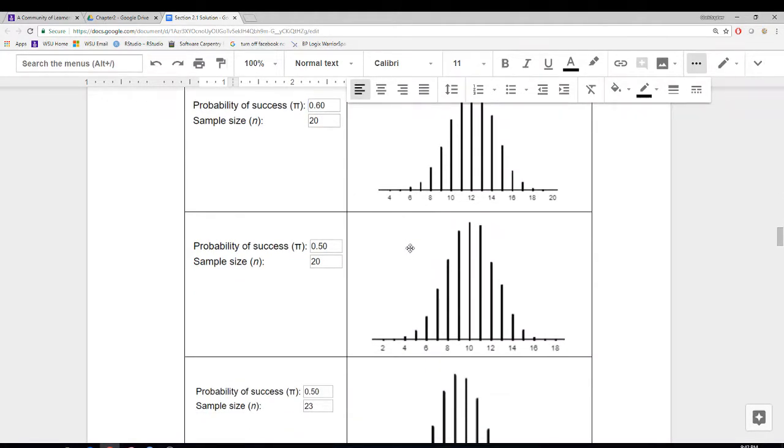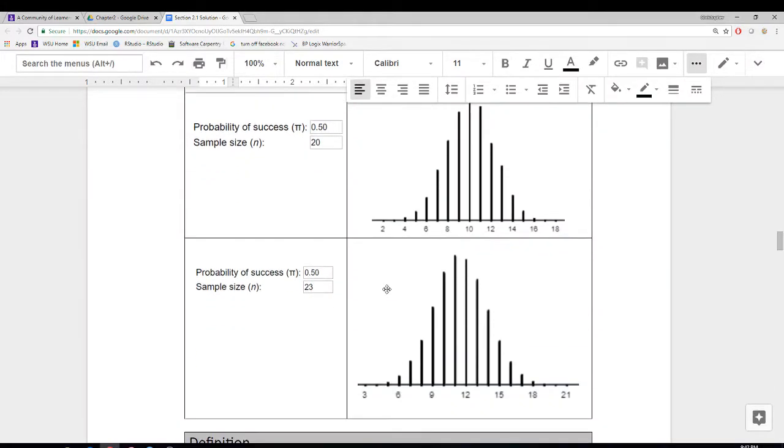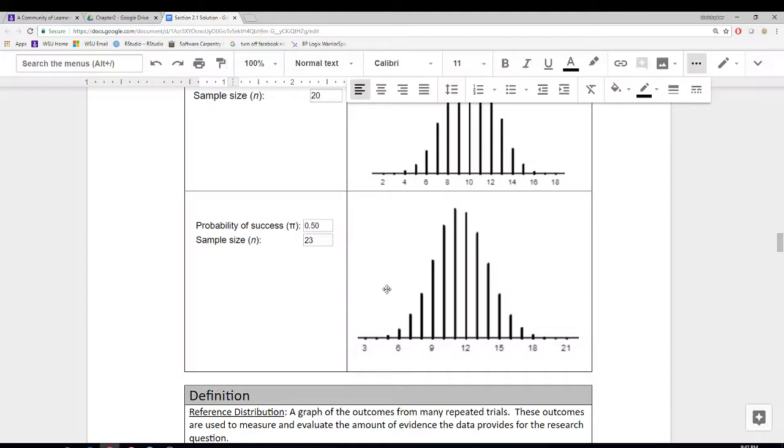For the staring example, the probability of success there was 50%, with a sample size of 20. The expected value here is 10, and we can see the reference distribution there for the staring example. For the ear infection example, the parameter value was again 50%, but the sample size was 23.